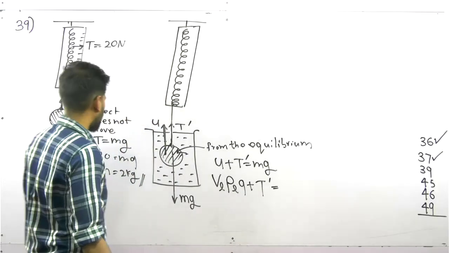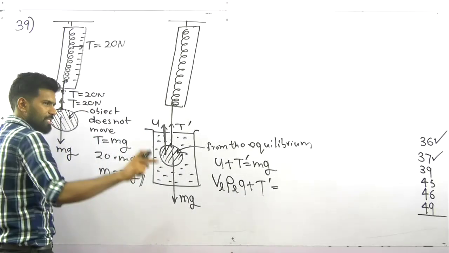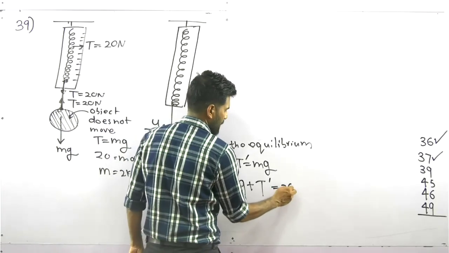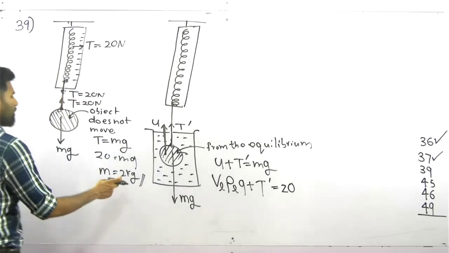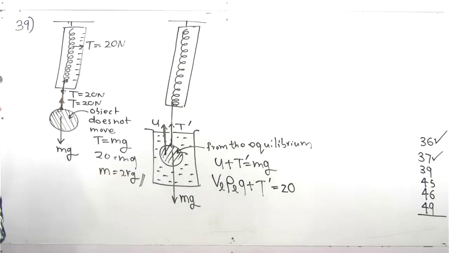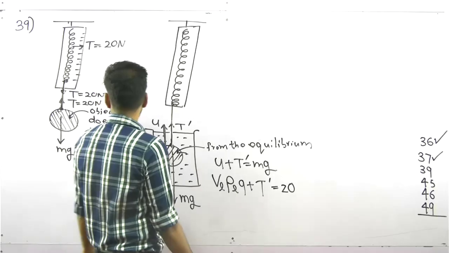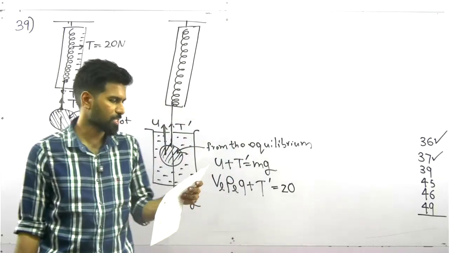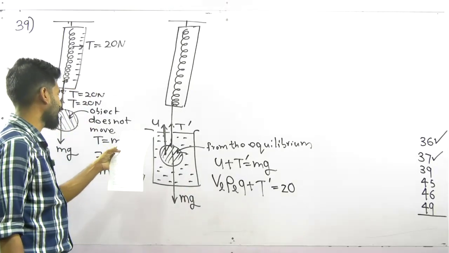Weight can be written in density and volume, but you know the weight too, 20. Weight is equal to 20. We need the volume of the object inside the water to calculate the upthrust, in question number 39.